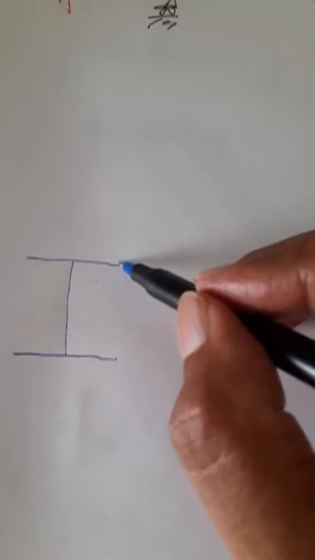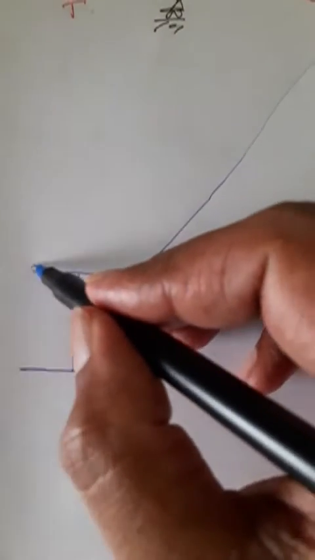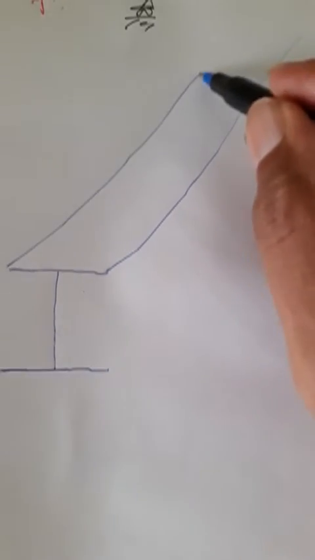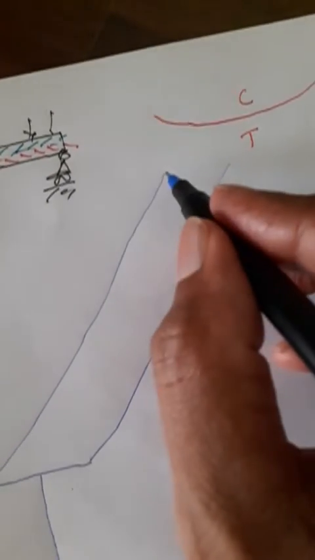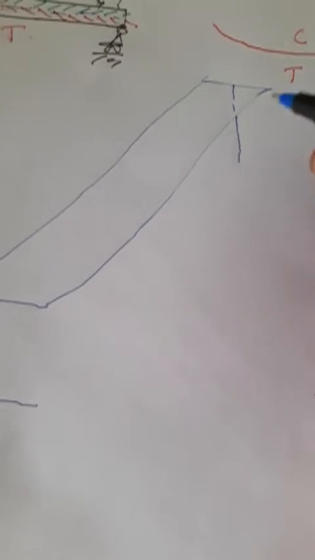Now let us try to look at a three-dimensional view. Say this is one I section. Let me draw a 3D view of it. Say this is the center portion, the web portion.